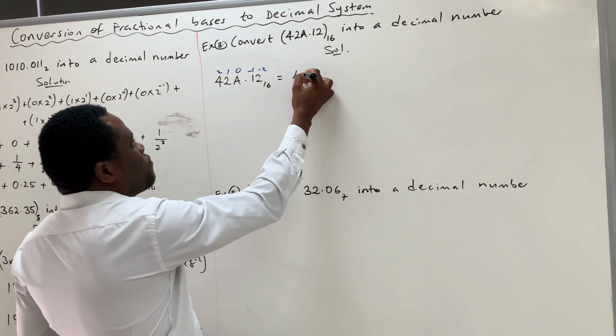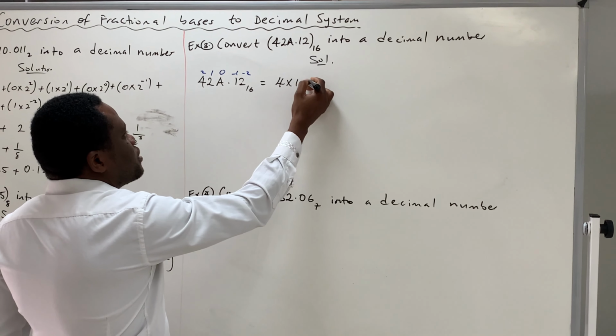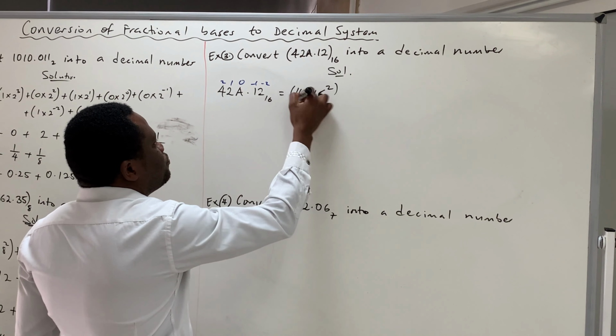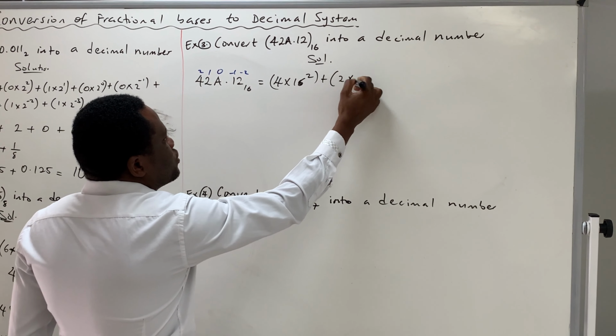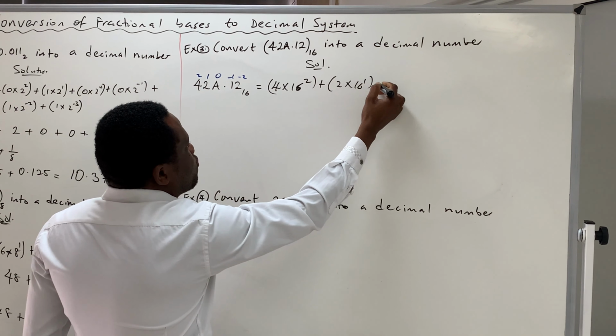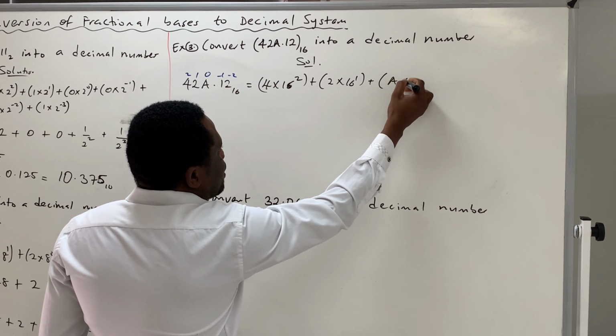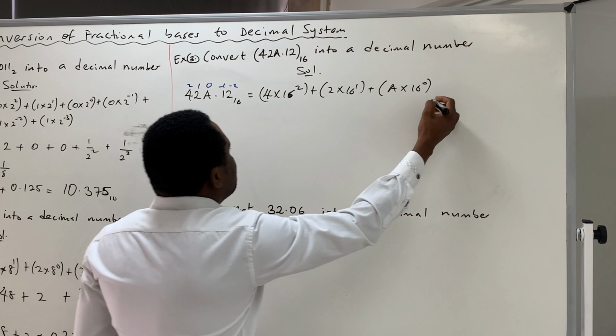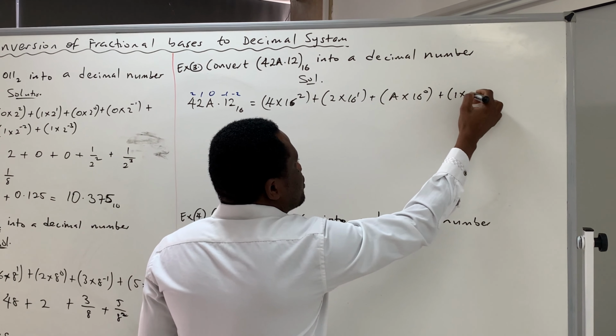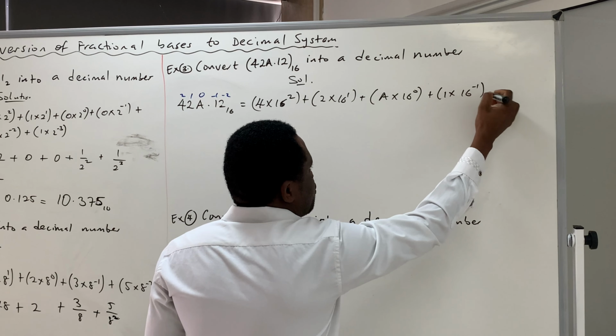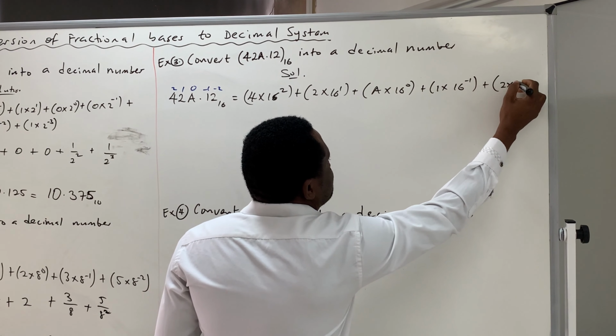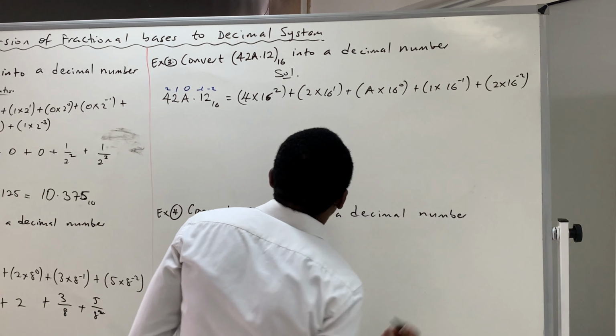We have 4 times 16 power of 2 plus 2 times 16 power of 1 plus A times 16 power of 0 plus 1 times 16 power of -1 plus 2 times 16 power of -2.